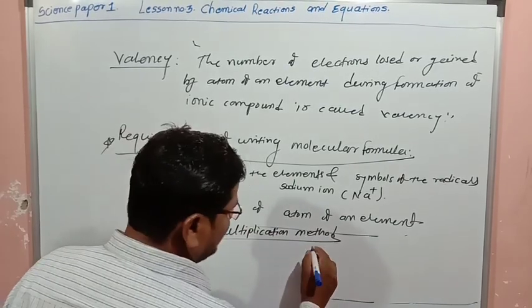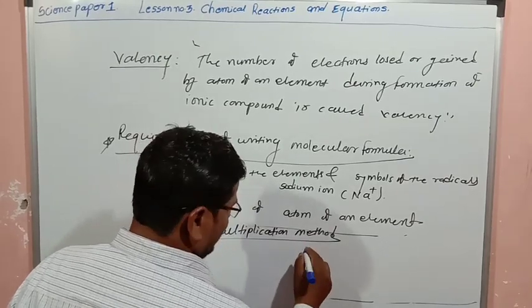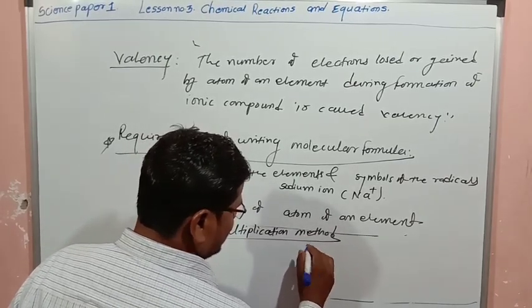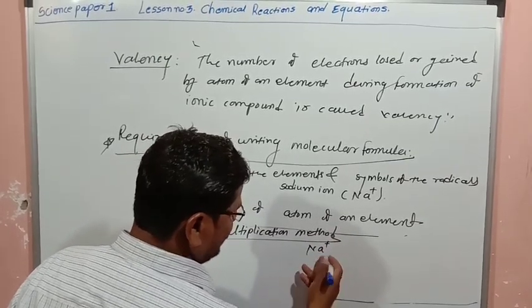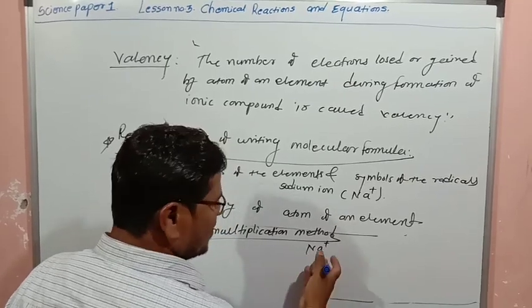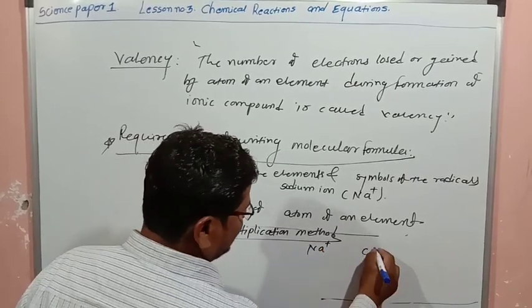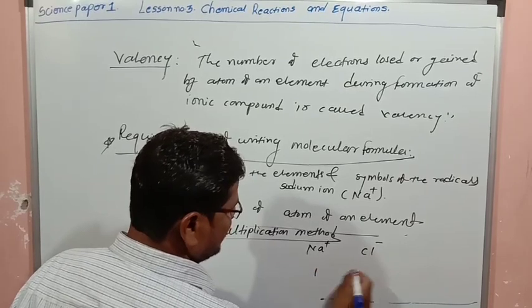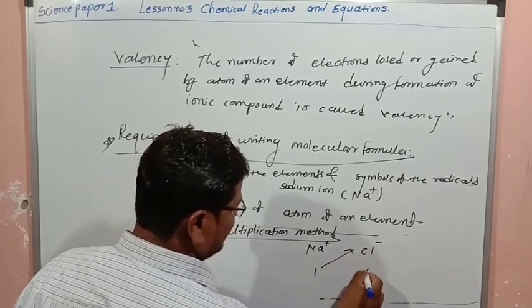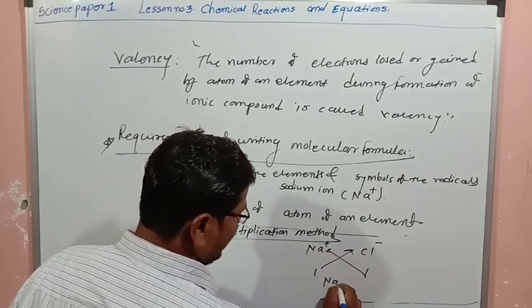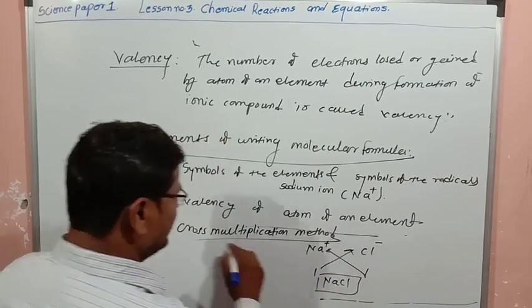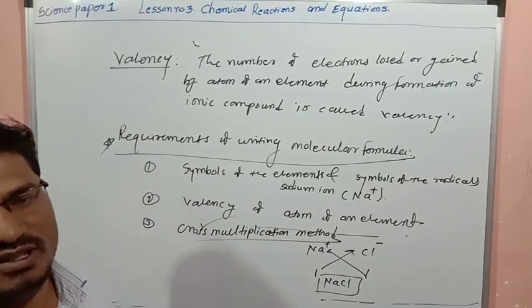Take an example: the sodium ion Na plus and Cl minus. The valency here is 1 and here is 1, and if you do cross multiplication then you will get NaCl. This is the compound. So for that you have to use cross multiplication.